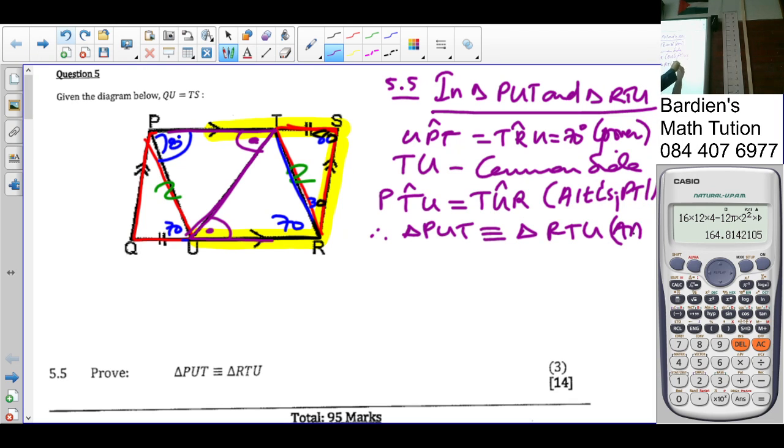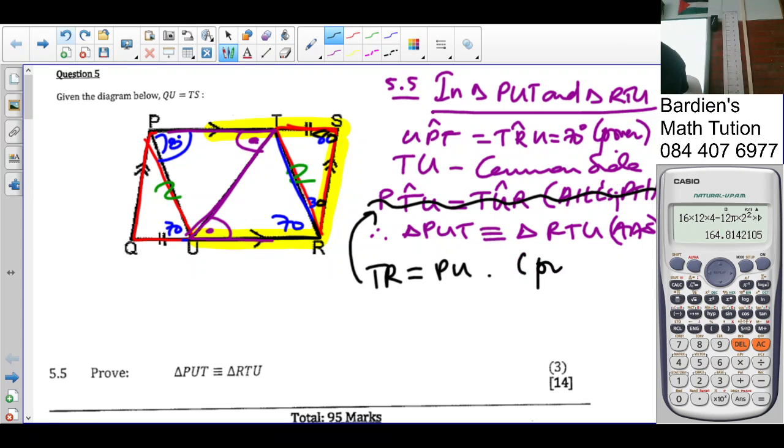Otherwise, could we have said, instead of using this, that TR is equal to PU? That was proven already, not so? But let's see what we have. We have a side, and we have that side.